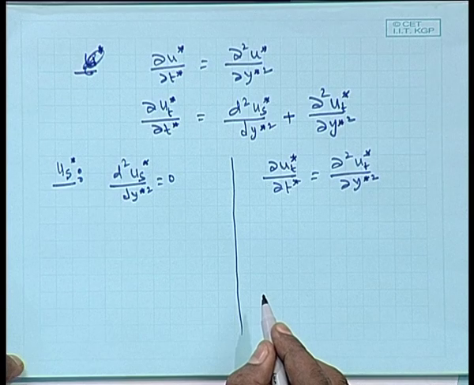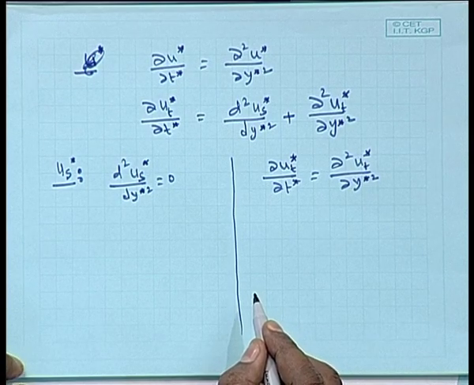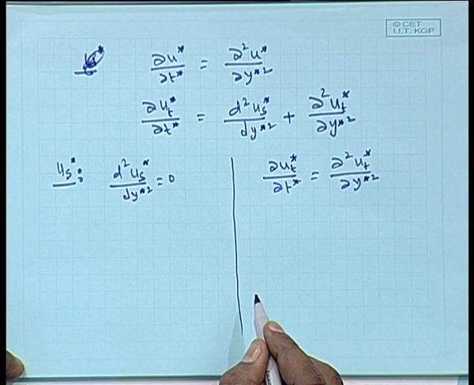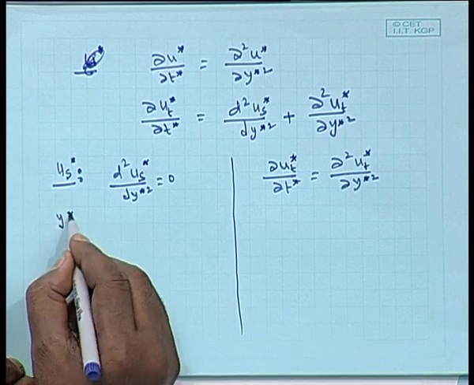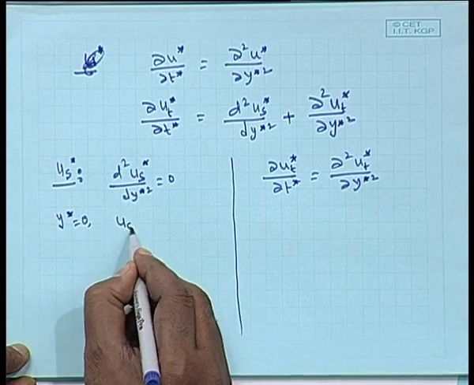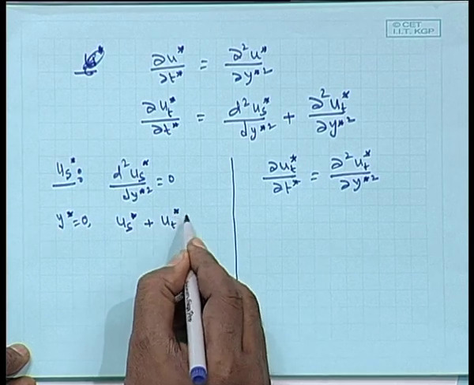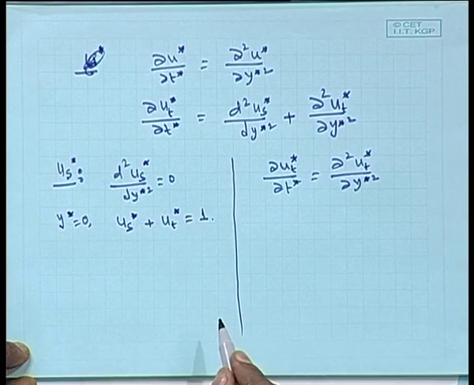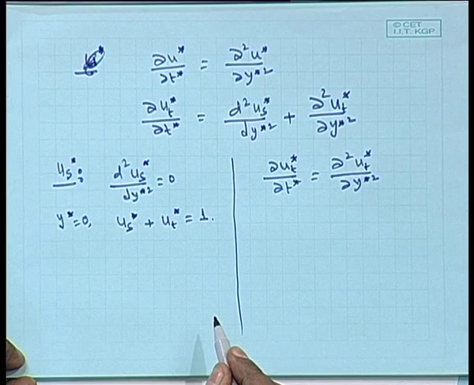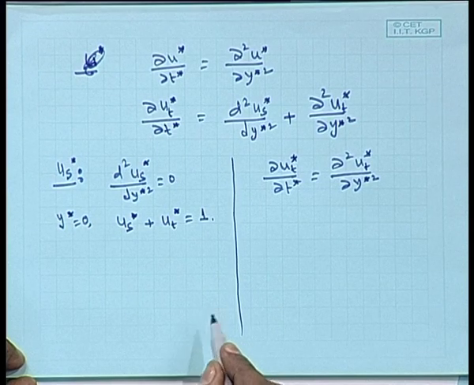Now, the non-homogeneous boundary condition is present at y star equal to 0. At y star equal to 0, your u star is equal to 1, that means u s star plus u t star is equal to 1, right. What is u star?